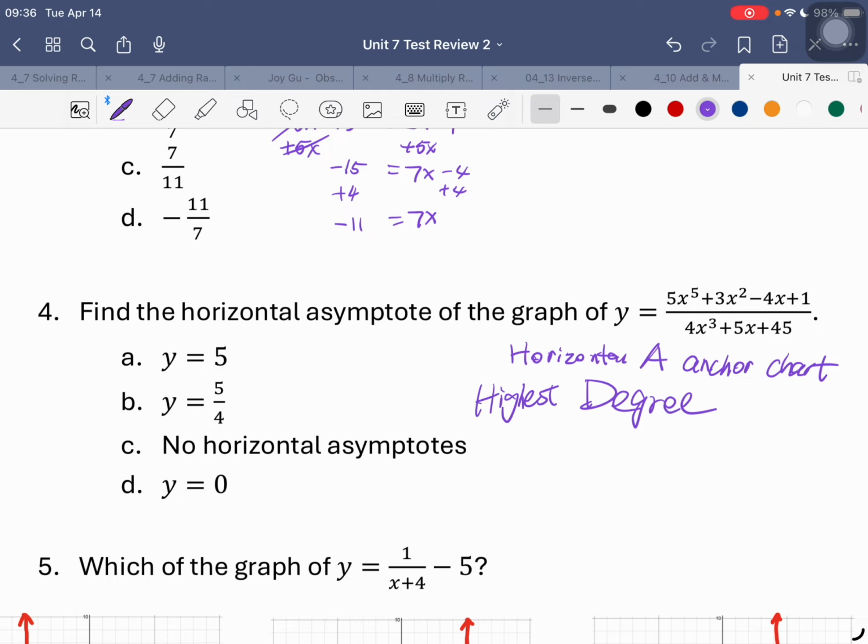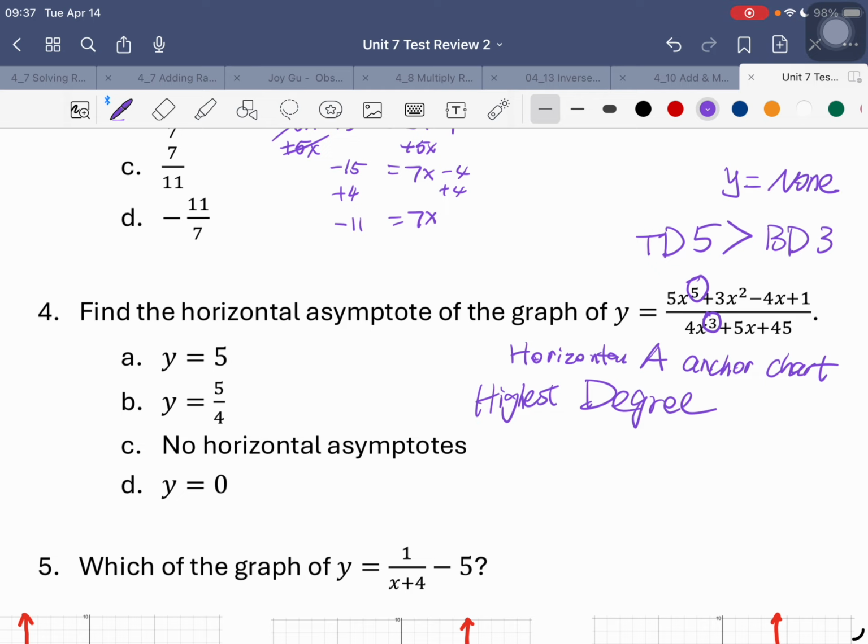What is the highest degree on the top? And what is the highest degree on the bottom? The highest top degree is 5. Highest bottom degree is 3. Okay, top degree is greater than bottom degree. And then your answer should be y equal none.